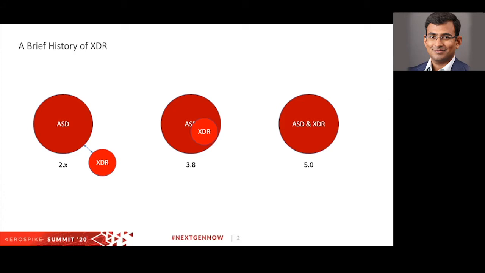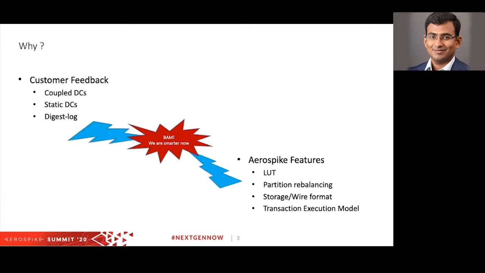Now in 5.0, we are completely integrating XDR into the Aerospike module. So XDR can tap directly into the data structures of Aerospike. To read the records, it uses a threading model, and we will be going deeper into what we did in 5.0.